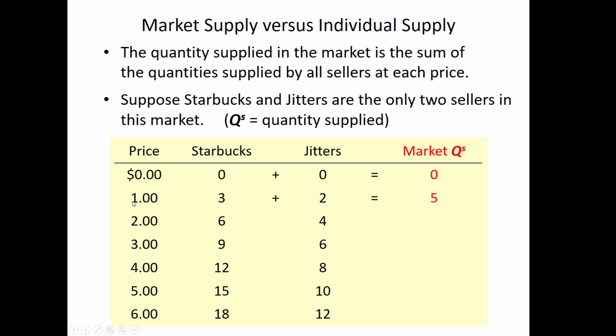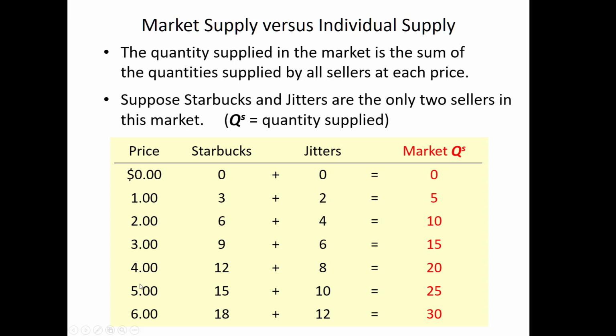Now, if hypothetically the price were 1, Starbucks would be willing to supply 3, and we are assuming that Jitters would be willing to supply 2. So what's the market supply? Because there are only these 2 sellers, the market supply would be 5. And so on. So how do we go from the individual supply to the market supply? We add them up for each hypothetical price.